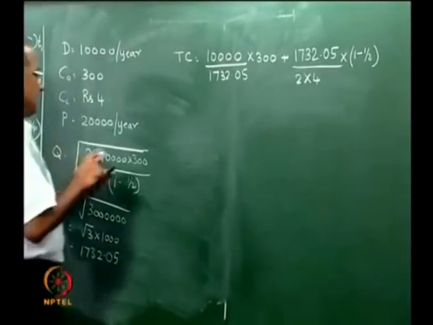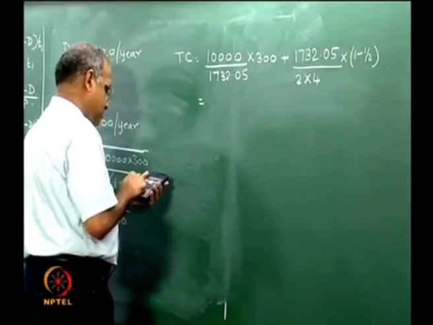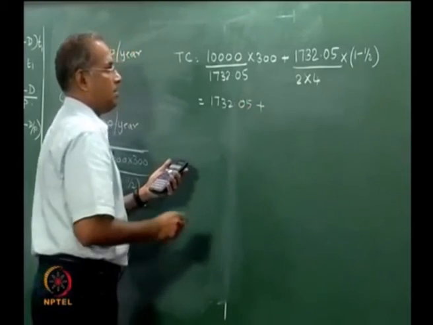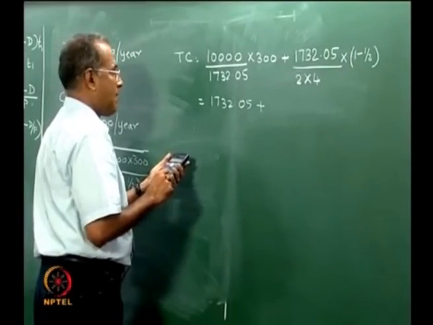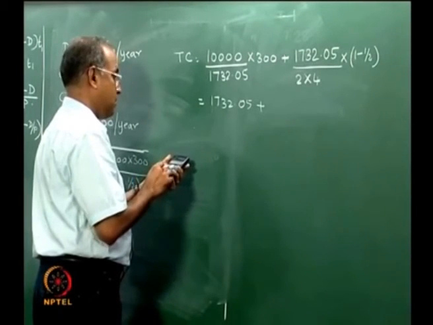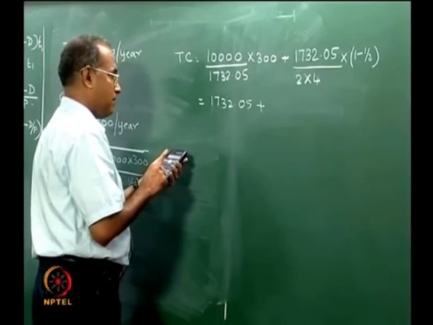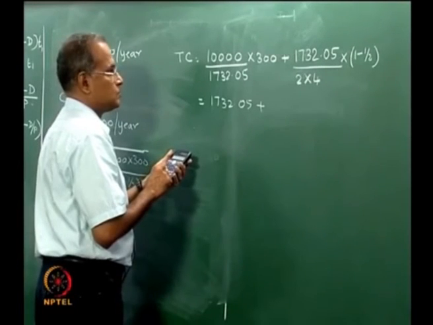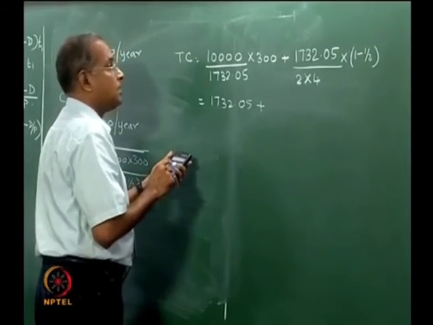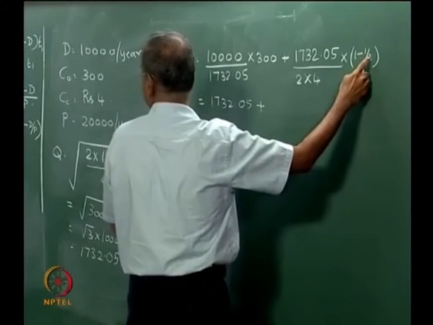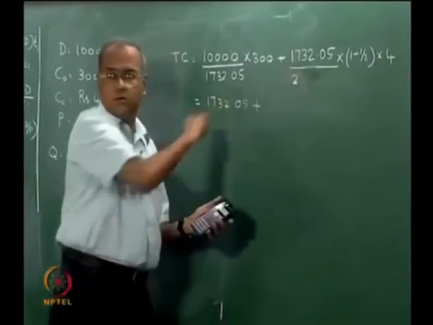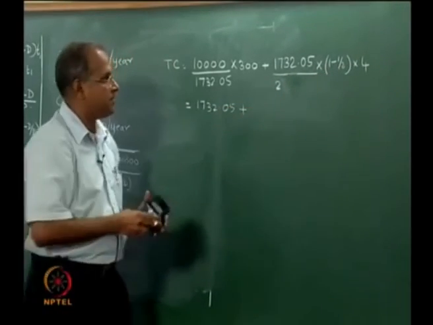So, this part will be equal to 1732.05 plus Q by 2 into Cc into 1 minus D by P. So, this is half.